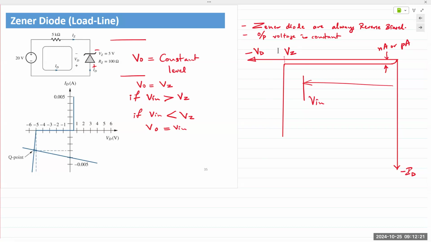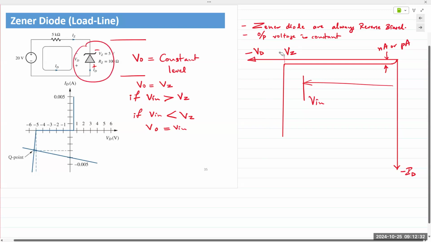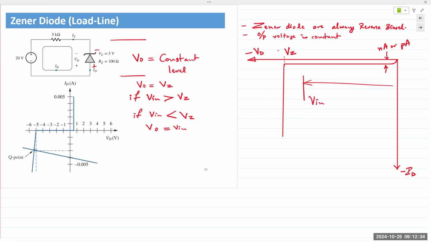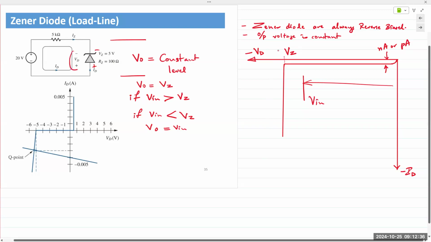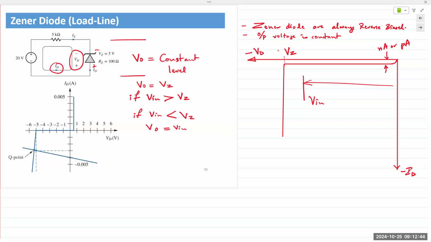So few things to keep in mind. Zener diodes are used exclusively in reverse bias. As you see here in the diagram, we have VD, diode voltage, and ID, the diode current. Now, VD and ID are always with the anode as a positive reference, right?